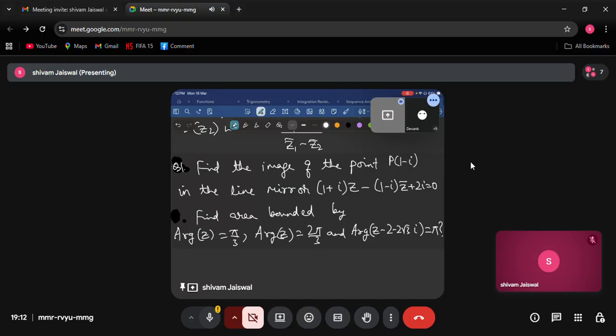Solve. I would suggest that the first equation you convert into the Cartesian form. Convert the equation of the straight line into Cartesian form and then solve.